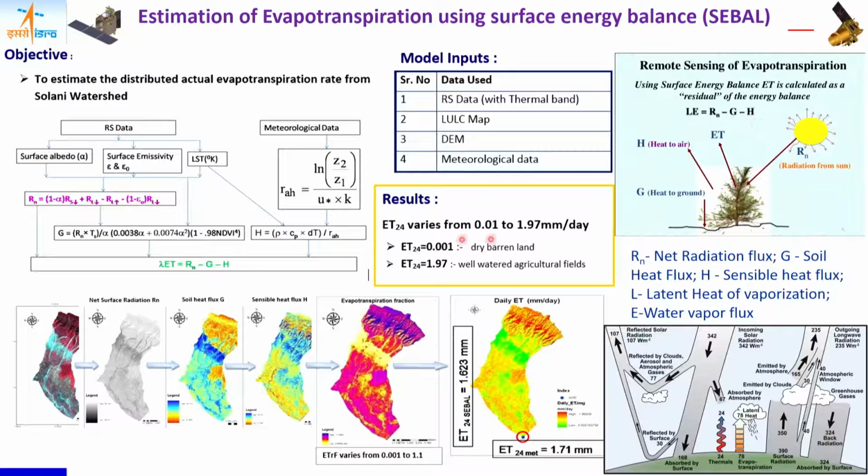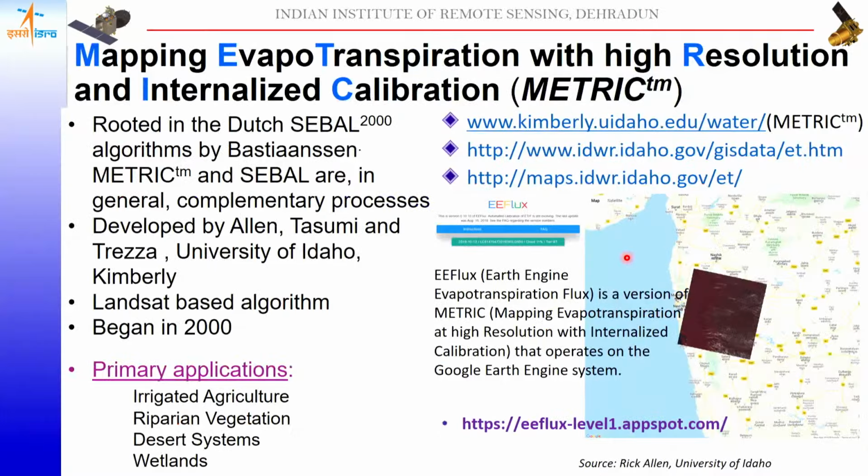So we use the thermal datasets, land surface temperature datasets plus emissivity and albedo, and combine them with meteorological data to quantify the instantaneous evapotranspiration. Then, using the evaporative fraction, we convert this instantaneous ET into the 24-hour integrated evapotranspiration on a daily basis.